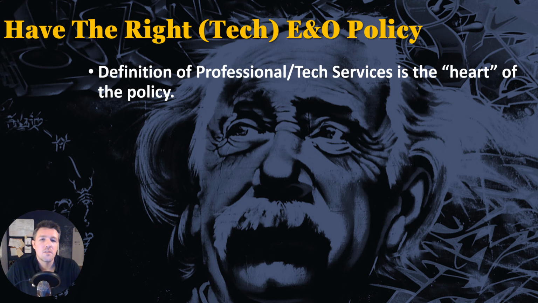So first, this is a big 80-20 here. I'm going to make an entire video later on about how to look and think about tech E&O insurance for MSPs. But the 80-20 of this is you have to look at the definition of professional services and technology services, because that's really going to be the heart of the policy. What does that mean? It means, hey, we're going to cover you for these services and allegations of wrongful acts that involve these services.